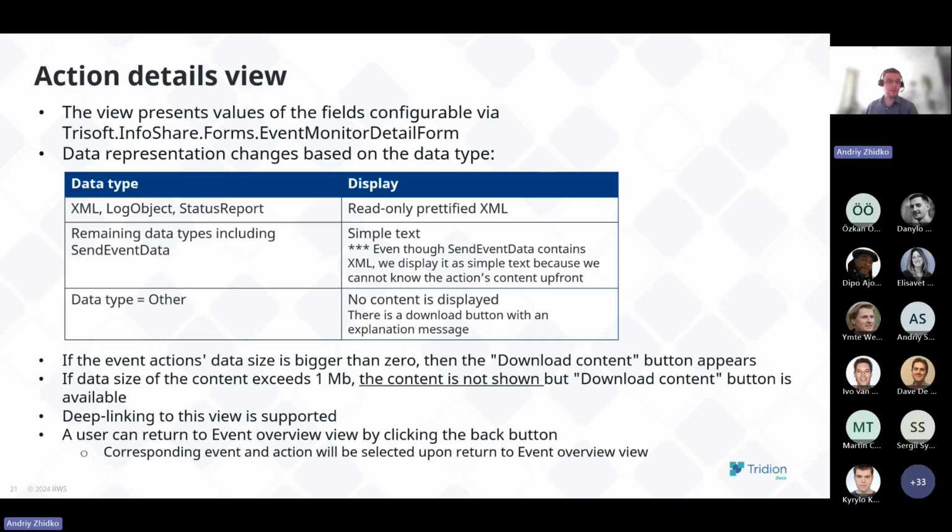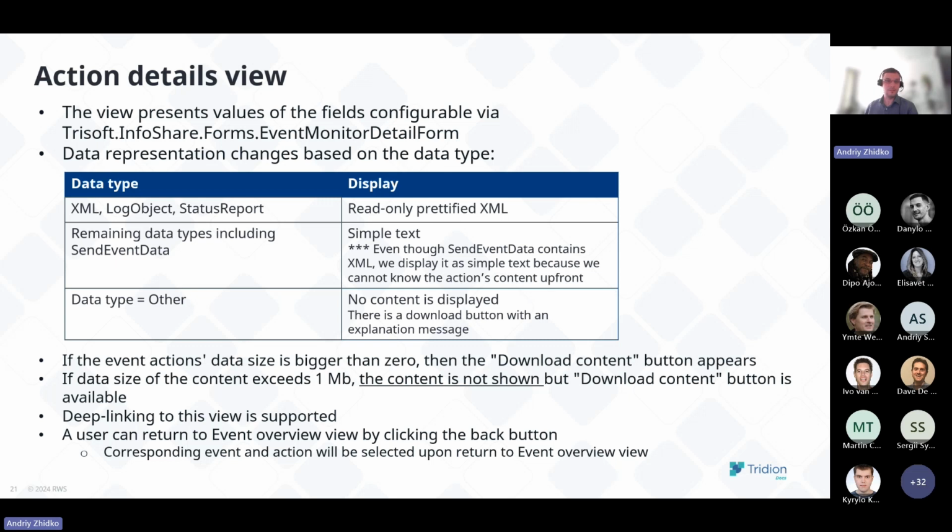For XML, log4object and status report, we use read-only prettified XML. For all the other remaining types, like send event data and DTOT log file, we are displaying it as simple text. Even though send event data is in most cases XML, we don't know upfront what type of content will be included in the action details.